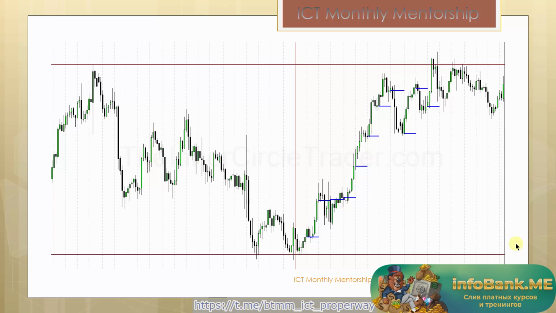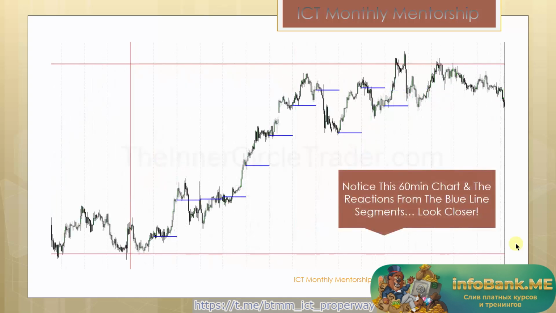And you probably already noticed there are some blue line segments on there. So we're going to start talking about some super secret sauce. We're looking at now a 60-minute chart. And I want you to take a look at the reactions that happen from the blue line segments. I want you to look at it real close. Those blue lines are one of the coolest things I discovered about price action.